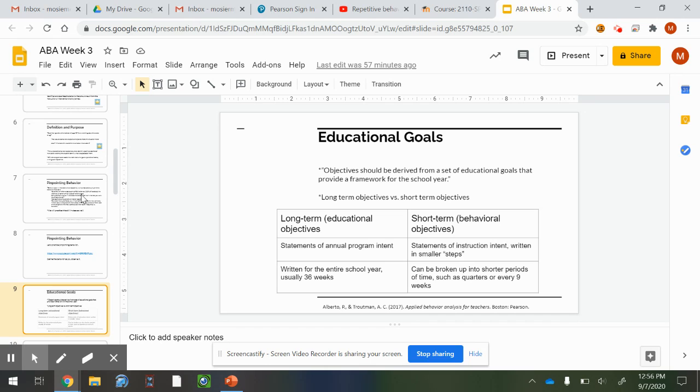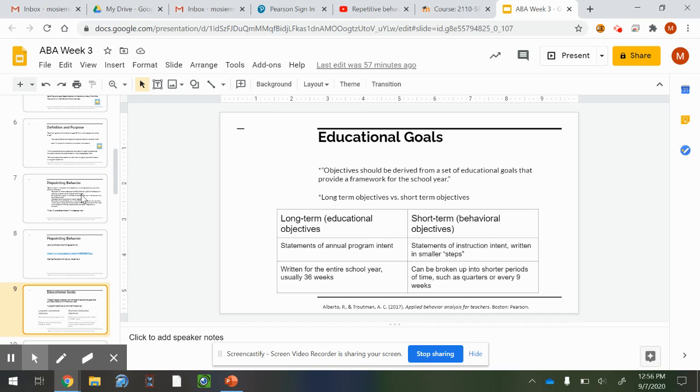In the state of Iowa, it's kind of left up to the educator, but it's best practice that if you have a student with more severe or more intense needs, whether it be behavioral, academic, social, emotional, personal care, any life skills, any of those, you would probably break those up into shorter goals or objectives.